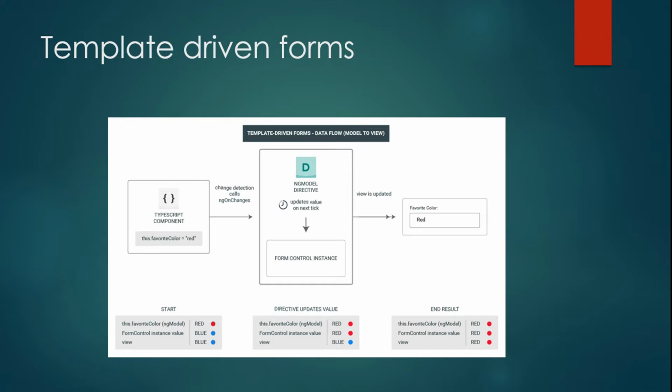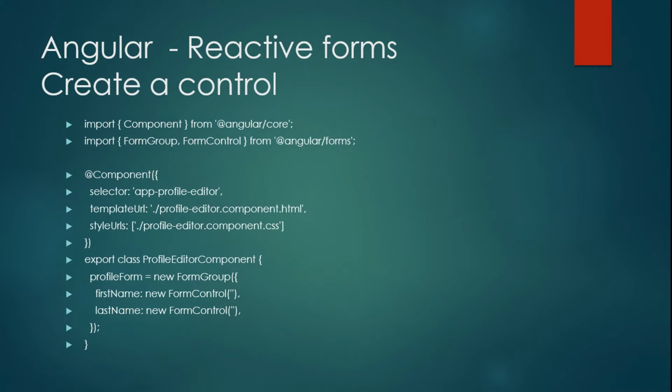Once the change detector completes, it sets the value on the FormControl instance, and the FormControl instance's valueChanges observable emits the values to the subscribers of that observable, and the ControlValueAccessor sets the value on the form input element. That is, the ControlValueAccessor is a bridge between ngModel and the form input element.